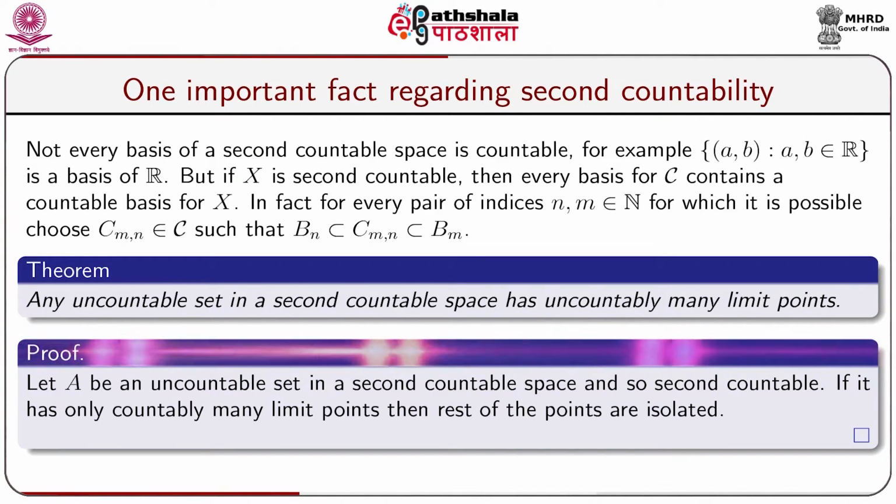That means A has uncountably many isolated points. So, if we take the subspace topology on those uncountably many points, we get a discrete space, which is not second countable. This contradicts the fact that every subspace of a second countable space is second countable.